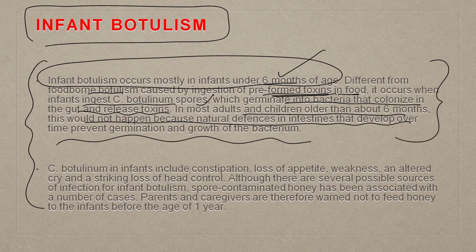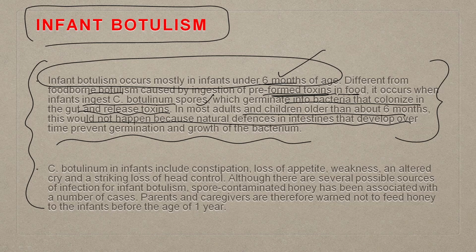So, our intestine is equipped over a period of time to develop abilities to defend itself against Clostridium botulinum. But in infants or anyone below 6 months of age, such things do not occur.